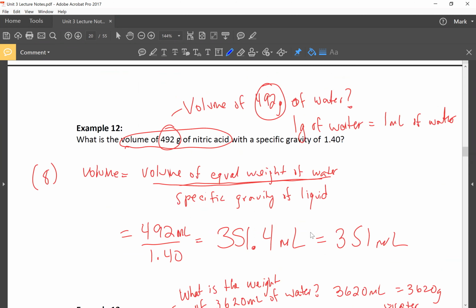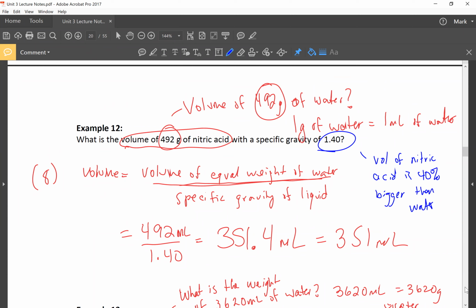What about this one? What does 1.4 mean? Well, this means that the volume of water is 40% bigger than, or sorry, the volume of nitric acid. So nitric acid is 140% or 40% bigger than water.